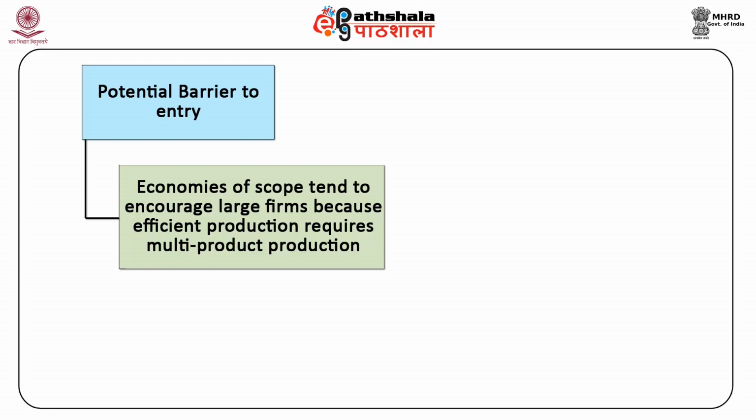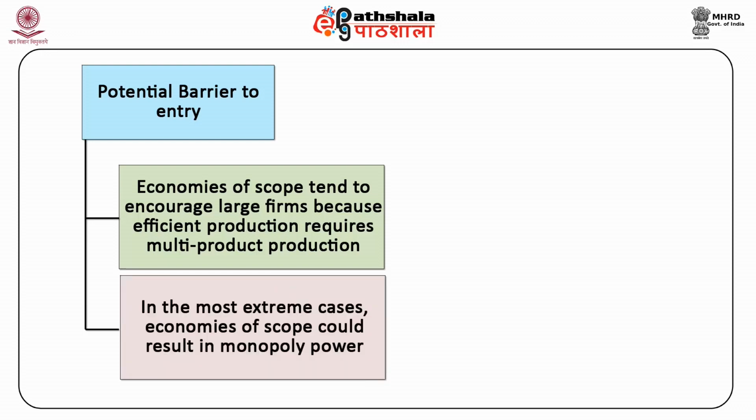Because of this, larger firms potentially have greater access to capital markets, making it more difficult for smaller firms to obtain funds. This higher cost of capital could be a possible barrier to entry. In the most extreme cases, economies of scope could result in monopoly power.